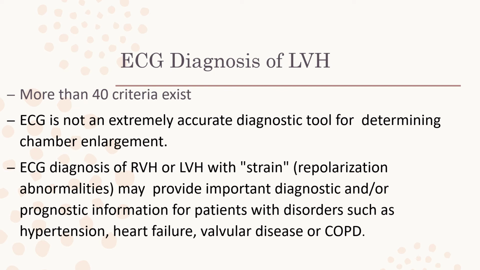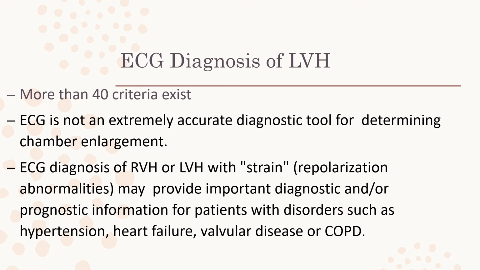The thing with left ventricular hypertrophy is that a variety of people have come up with ways to diagnose this from an EKG. More than 40 different criteria exist. We typically use words like we see changes that suggest hypertrophy, rather than making a full diagnosis based just upon an EKG.